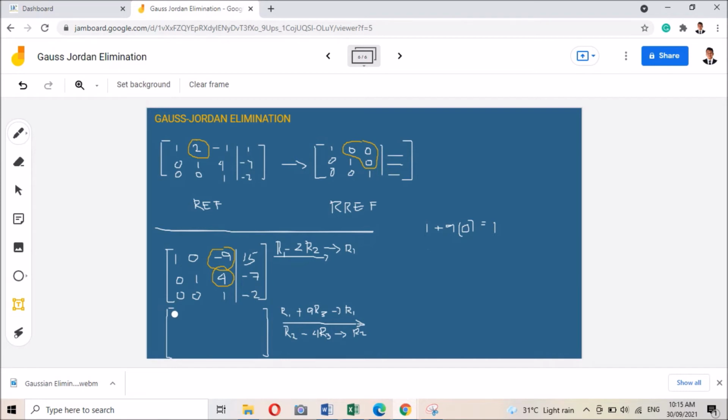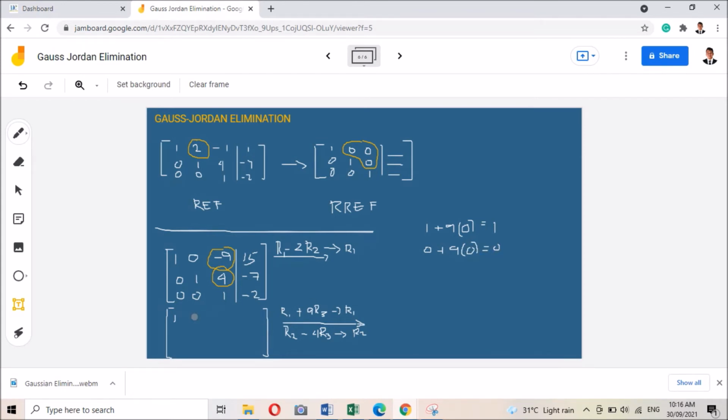So we will write here 1. And the next entry is 0 plus 9 times 0 in row 3, and that will give us 0.